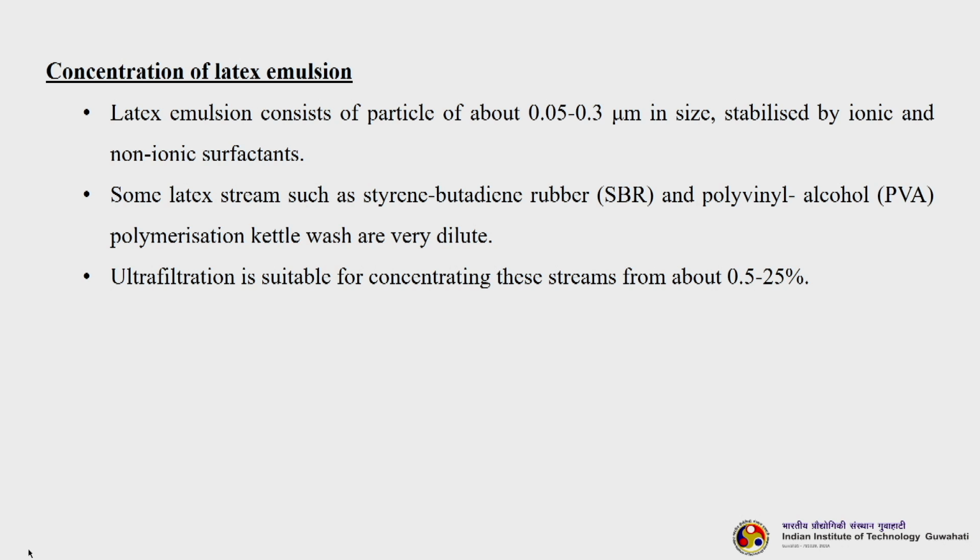Latex emulsions usually consist of latex particles 0.05 to 0.3 micron in size, stabilized by ionic and non-ionic surfactants. Some latex streams such as styrene butadiene rubber SBR or PVA polymerization kettle wash are very dilute. Ultrafiltration is suitable for concentrating this stream from 0.2 to 25%.